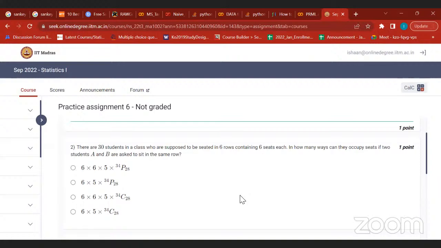So 2 students need to sit in the same row. I have done that in 6 into 5, and this needs to repeat 6 times because there are 6 rows. So 6 into 5 into 6.